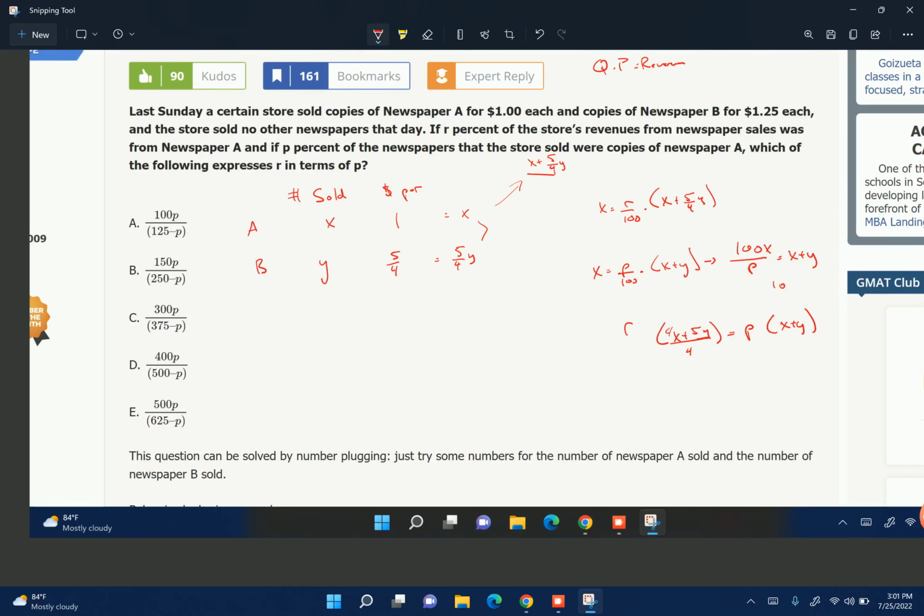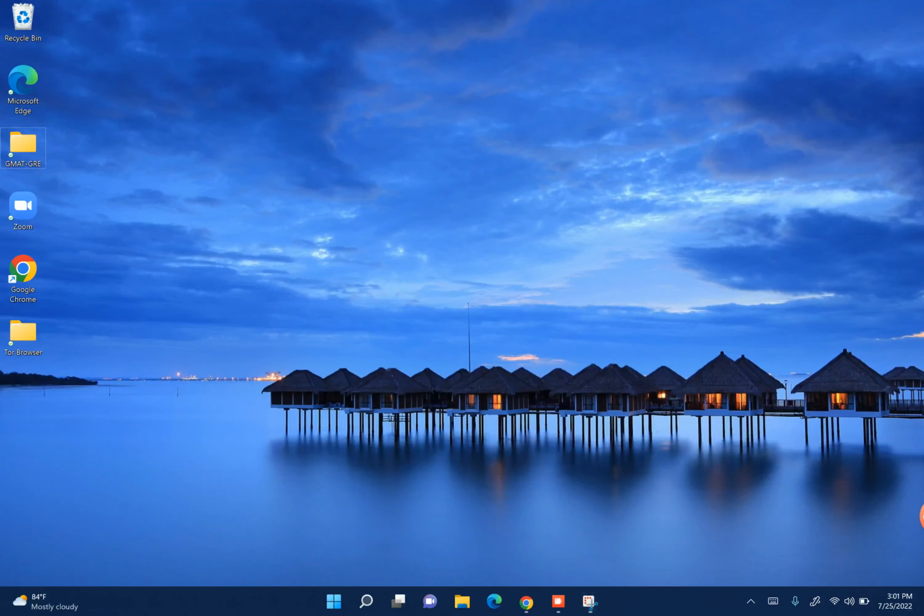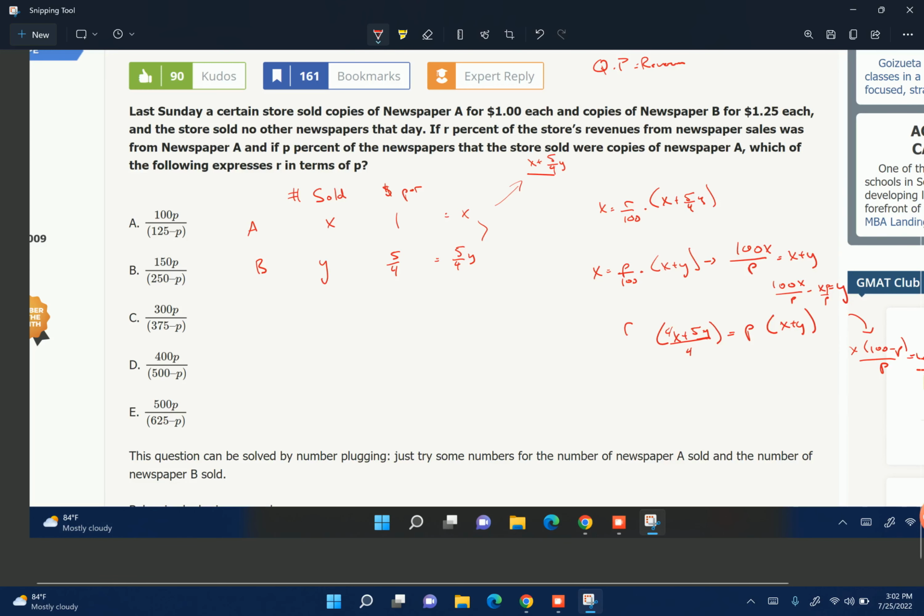And then subtract X, so 100X over P minus X equals Y. And then make a common denominator here, so it used to be times P over P, so that's XP over P. So then if I simplify that even more, I'll divide out the X. X times (100 minus P) over P equals Y, because I'm just trying to put X and Y in terms of each other is really what I'm doing there.